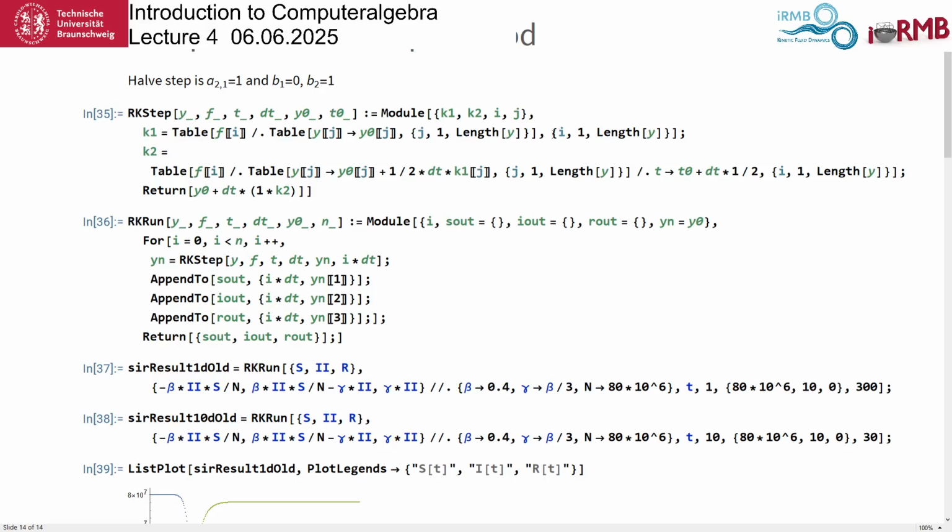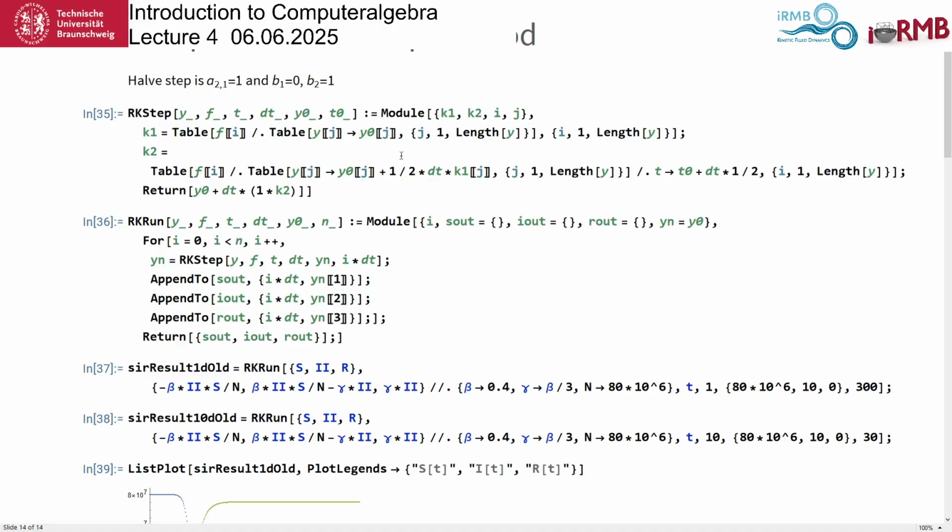So we can compare this method to the more common so-called half-step methods, where we say that A12 is equal to 1, B1 is 0, and B2 is 1. That's a method that is more common than to use this 1/3.